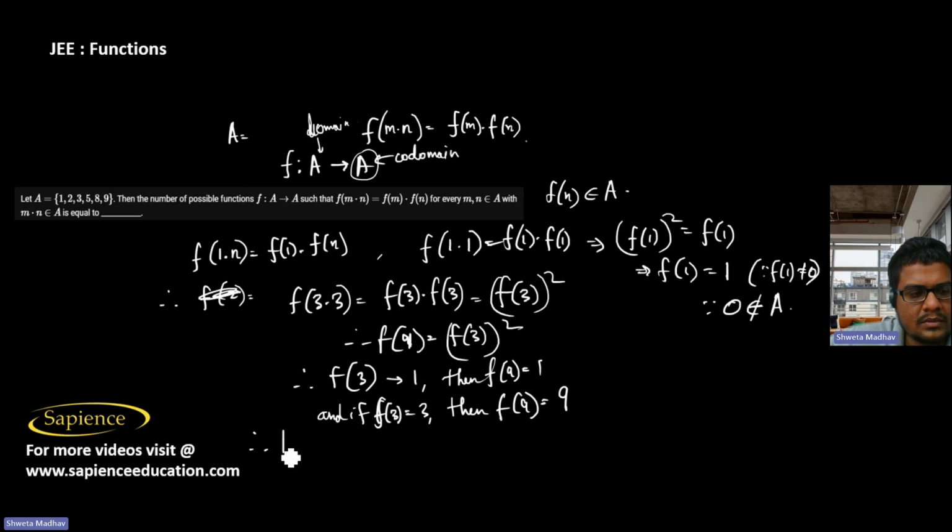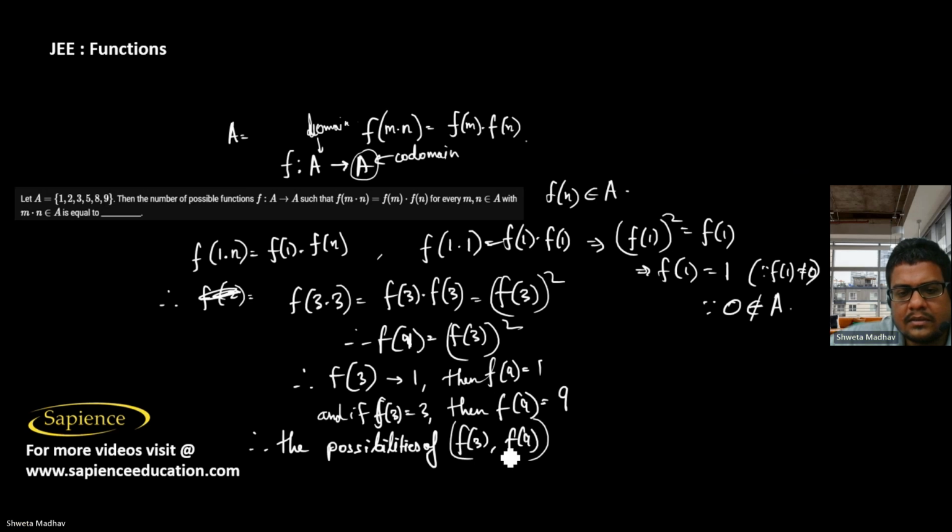So the possibilities of f of 3 and f of 9 can be 1 comma 1 or 3 comma 9. So there are two possibilities.